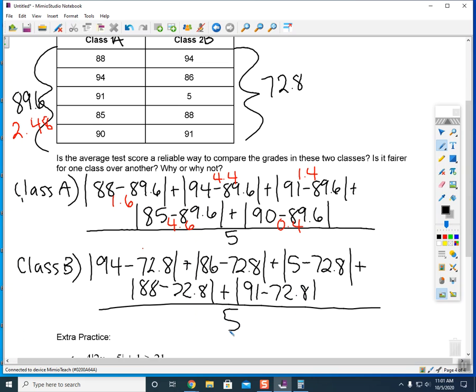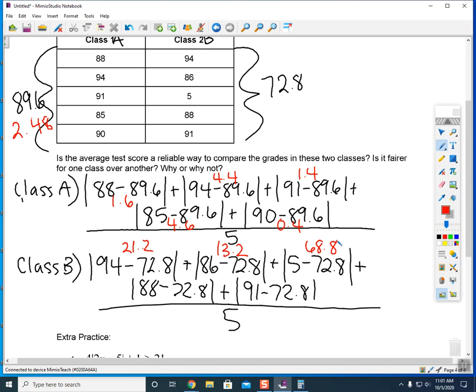Okay. So I'm going to do the same thing. We'll go through. This should be 21.2, 13.2, 67.8.